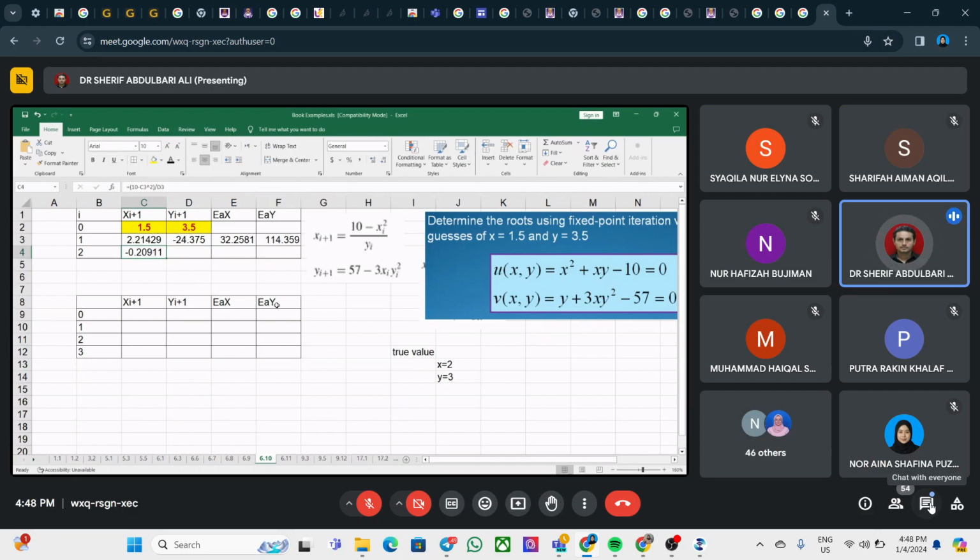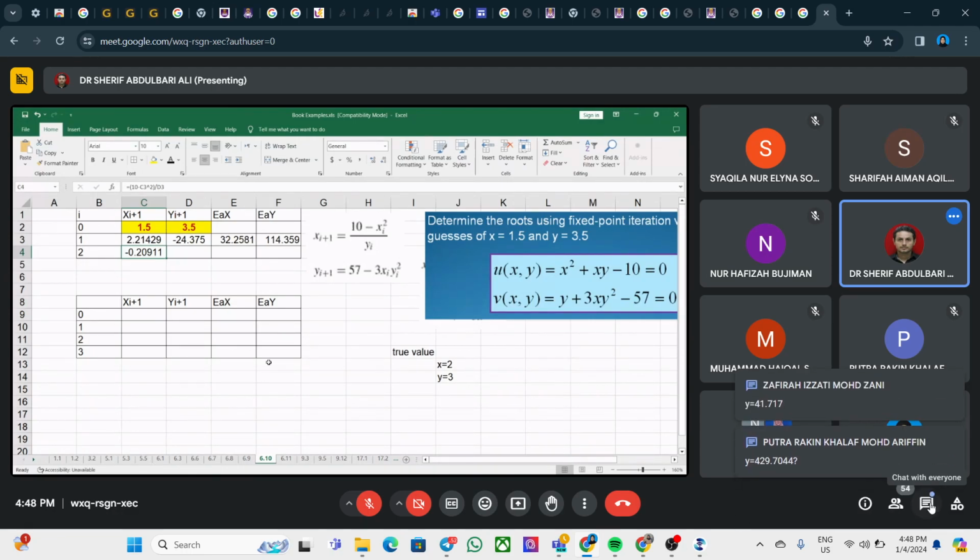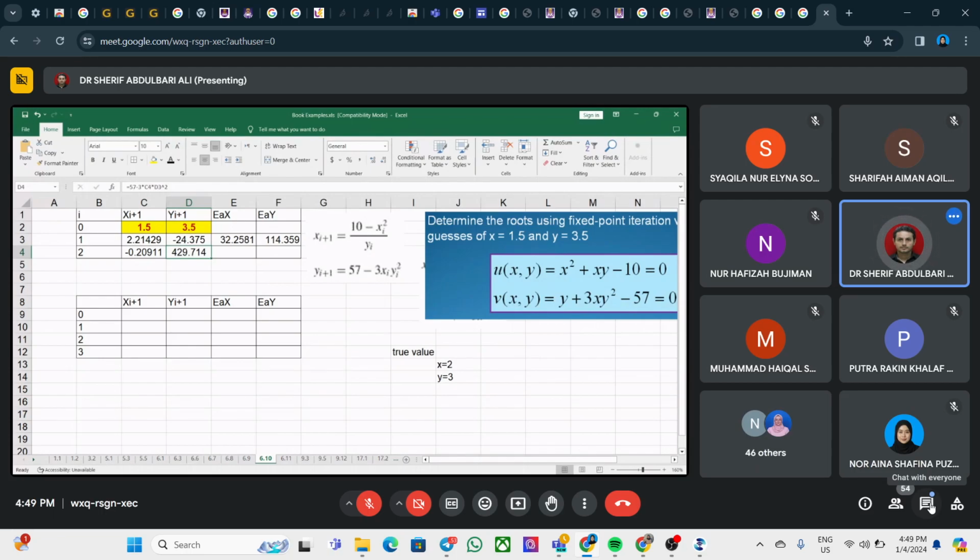Okay, so X is negative 0.209 and the value of Y is equal to 429.